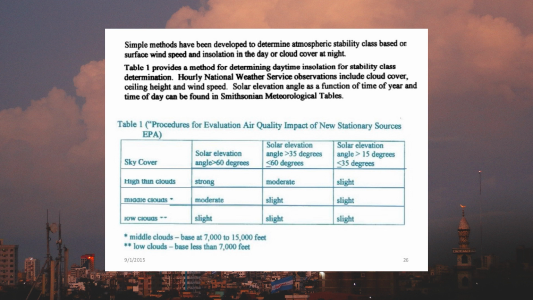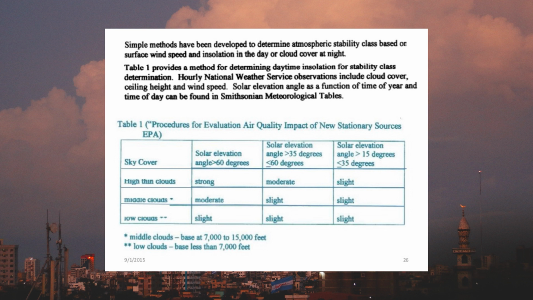For example, if it is above 60 degrees from the horizon, it may be a little difficult to understand, but you can consider that probably during the afternoon time you get very high solar radiation. So the solar insolation, if the angle is above 60 degrees, is considered as strong.